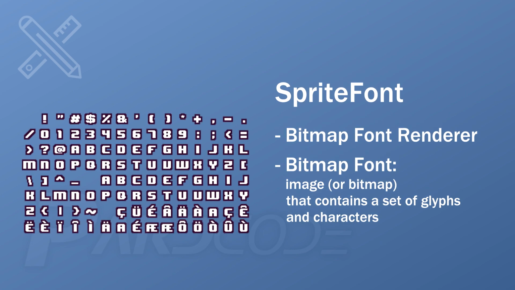The SpriteFont is a native Direct3D 11 implementation of a bitmap font renderer. In a few words, a bitmap font renderer allows rendering text based on an image or bitmap that contains a set of glyph and character images.